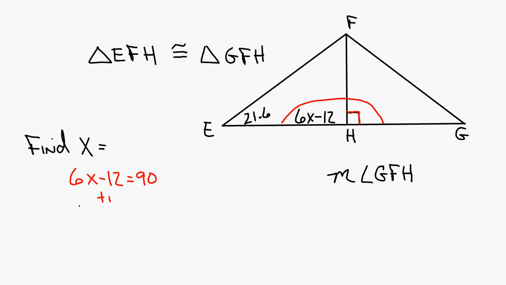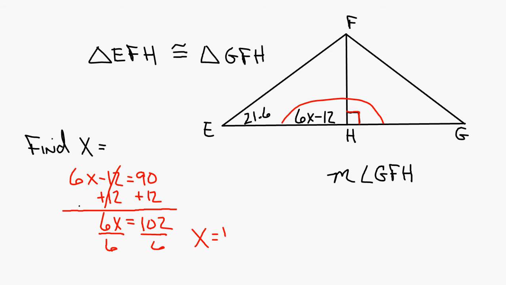And if you add 12 to each side, then 6x equals 102, and you can divide by 6, and x equals 17.